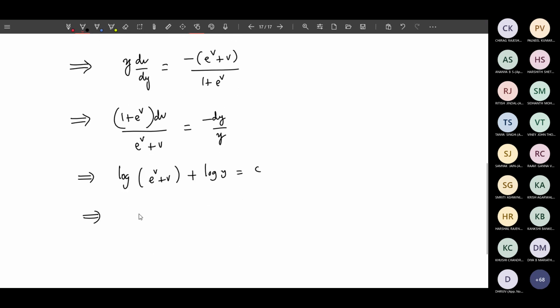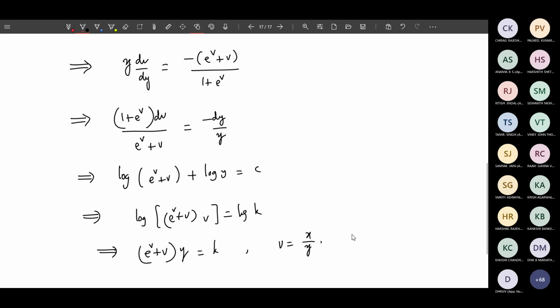And this means, by the log product rule here, log of e power v plus v times y equals log k for convenience. Removing the log on both sides, (e power v plus v) y equals k, where v is x by y, not y by x.